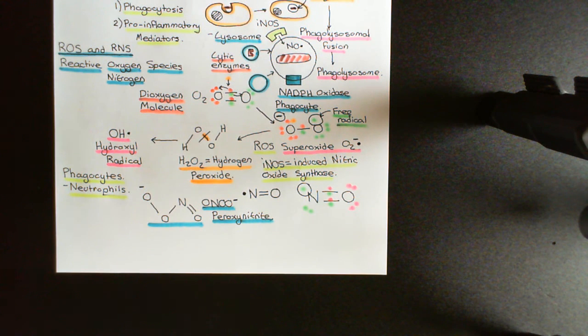So it prevents the production of reactive oxygen species and reactive nitrogen species. In short, when Mycobacterium tuberculosis is taken up into a phagosome in most phagocytes, you do not actually get the killing of the Mycobacterium tuberculosis. Instead, it makes itself at home inside the phagosome, and indeed it actually starts to divide inside the phagosome.